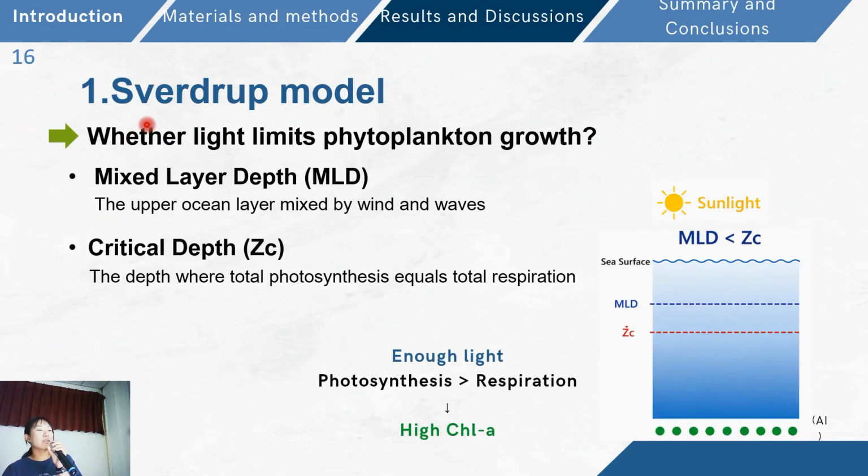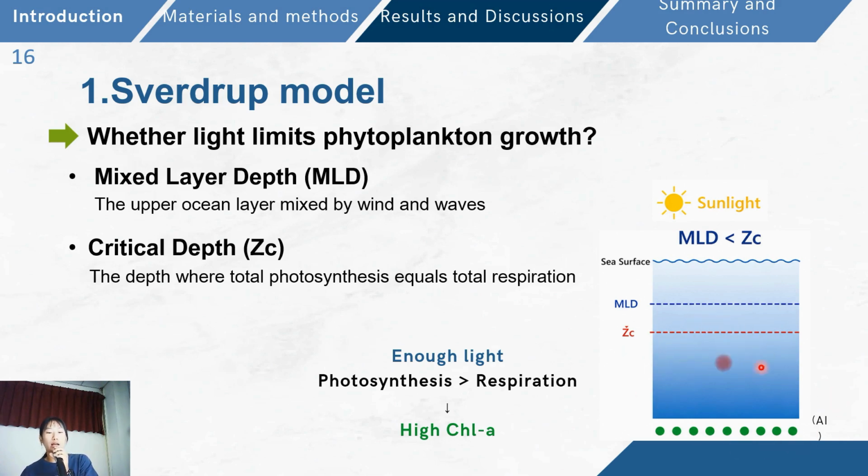So we want to know whether light limits phytoplankton growth. To answer this question, we use the Sverdrup model. In this model, we use two depths: the mixed layer depth and the critical depth. The critical depth is the depth where total photosynthesis equals total respiration.